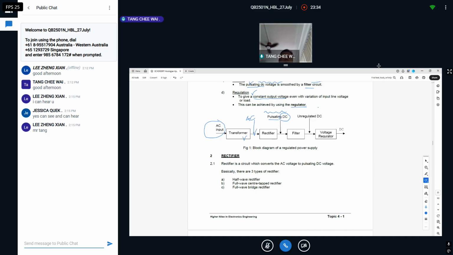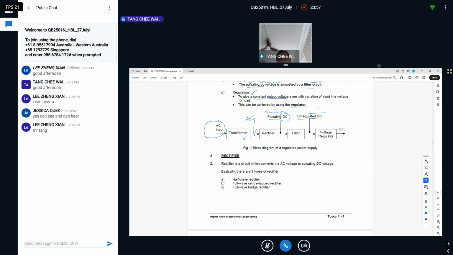And that's why we need a filter, to smoothen the pulsating DC, and probably you have a nice flat DC signal. But they use the word probably, still unregulated, meaning not stable, and it may change a bit.